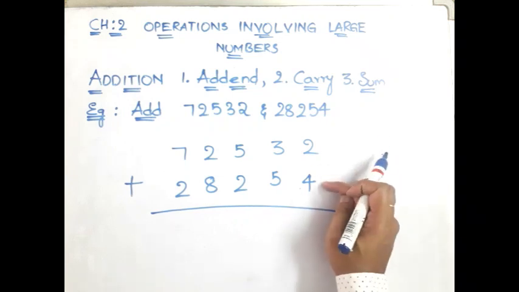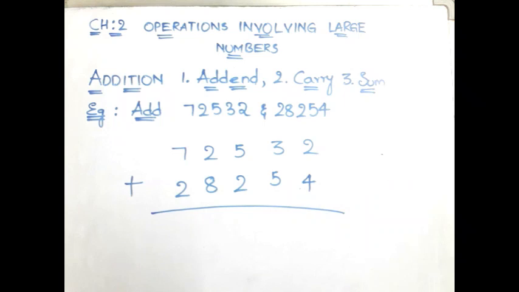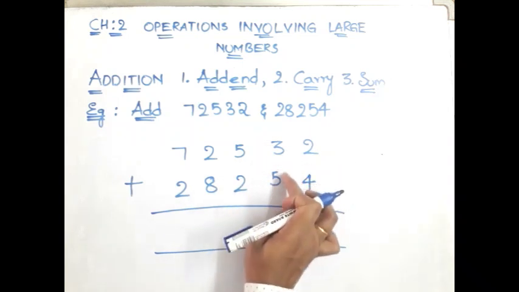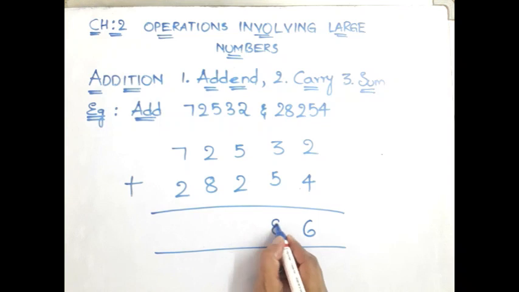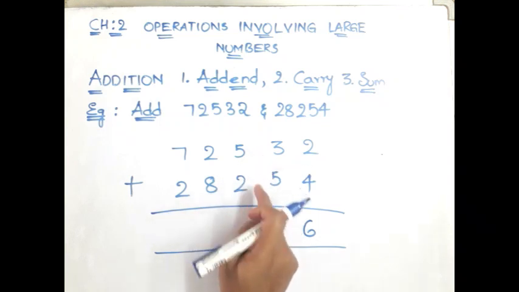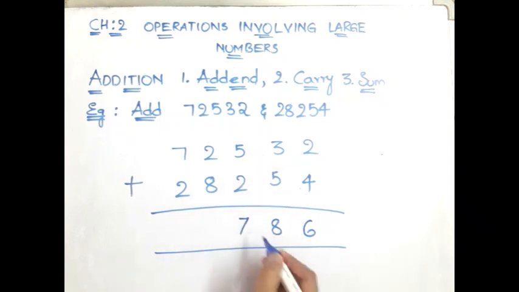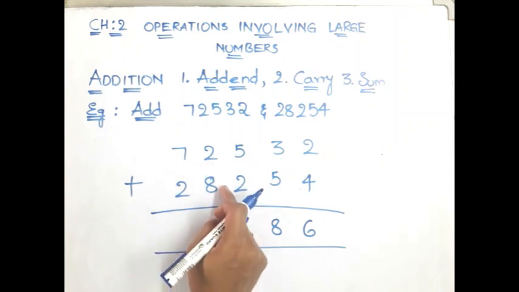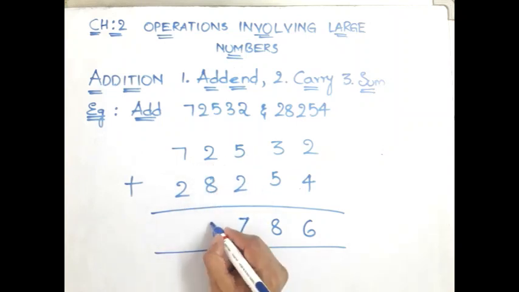2, 4. 2 plus 4 is 6. We don't carry anything, so leave it like this. 3 plus 5, 8. 5 plus 2, 7. Here 2 plus 8, you know, it is 10.